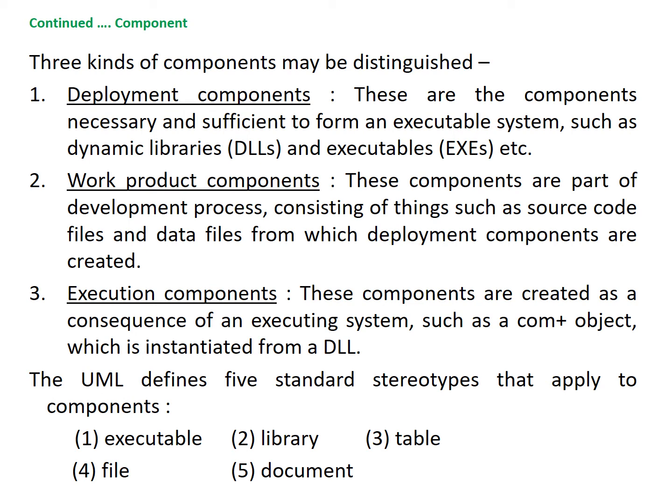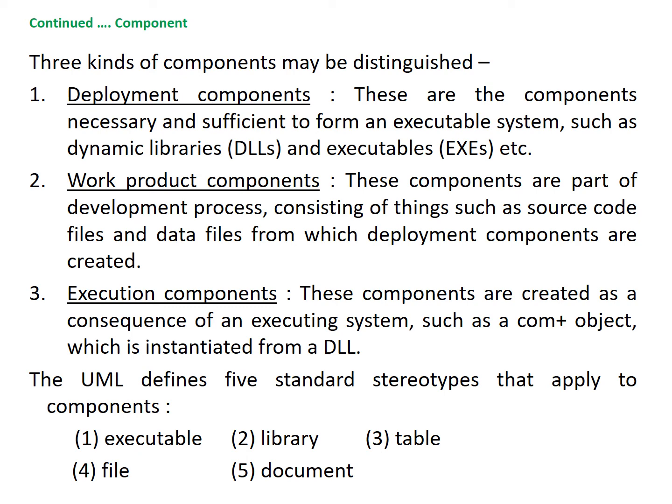Number two, work product components. These components are part of development process consisting of things such as source code files and data files from which a deployment component is created. And number three, execution components.